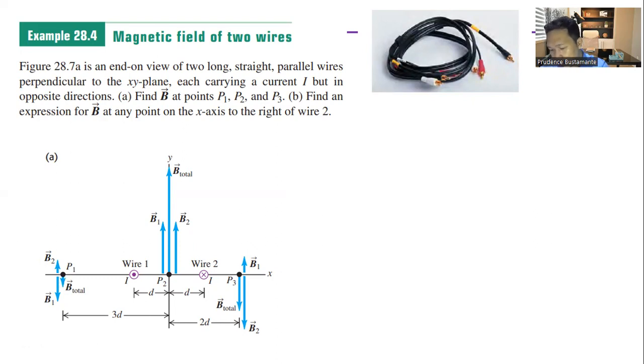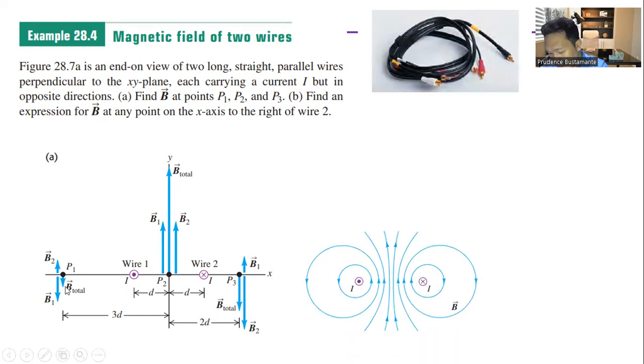We use the equation, the magnetic field is mu naught I over 4 pi times the distance, to find the magnitudes of B1 and B2, and the right hand rule to find the corresponding directions. At each point, you should confirm that the directions and relative magnitudes shown are correct. The figure also shows some magnetic field lines due to this two-wire system, in this direction and in this direction.